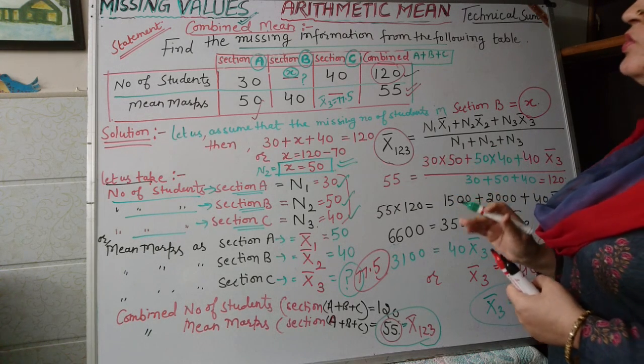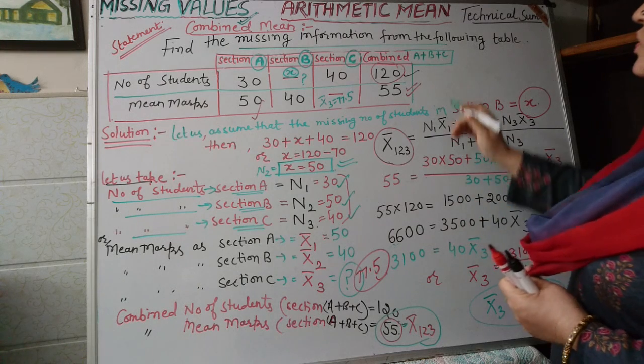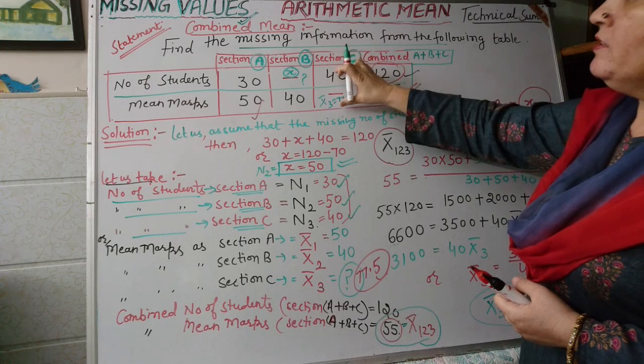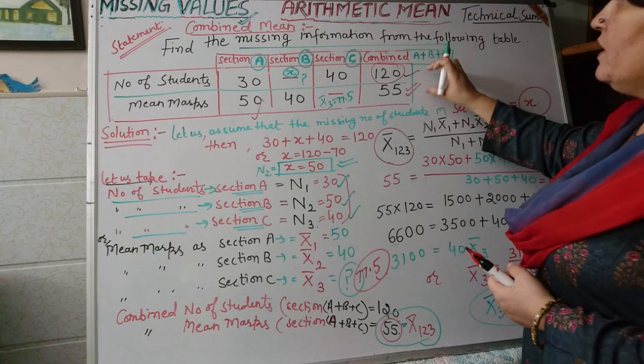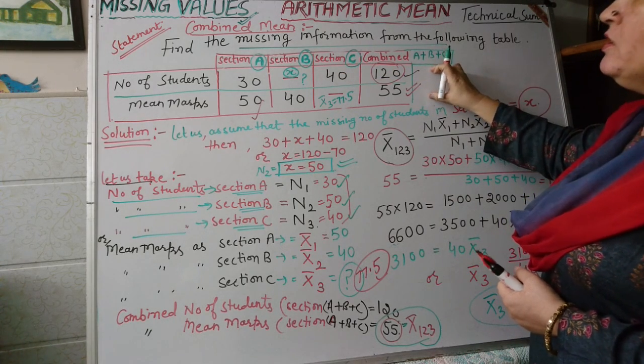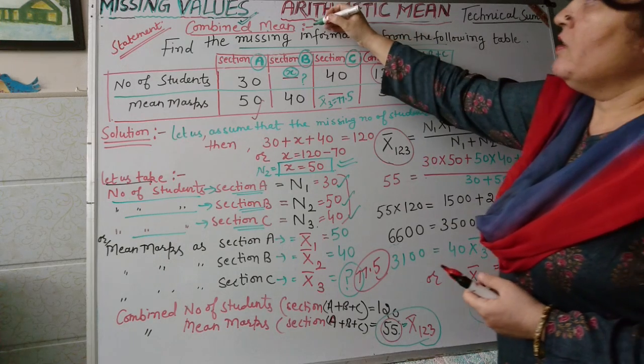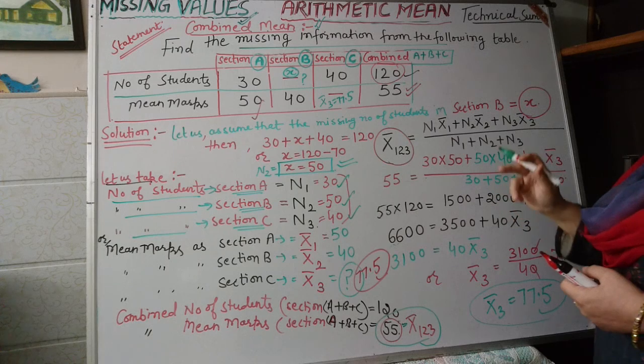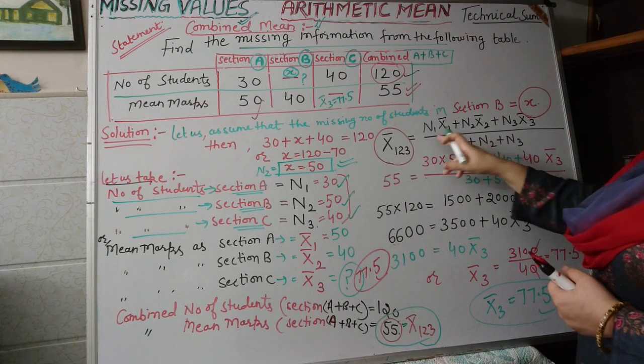First of all, keep in mind that as you read the statement, you have to recognize whether it is related to simple arithmetic mean, combined arithmetic mean, or corrected arithmetic mean, so that we can apply the formula easily.